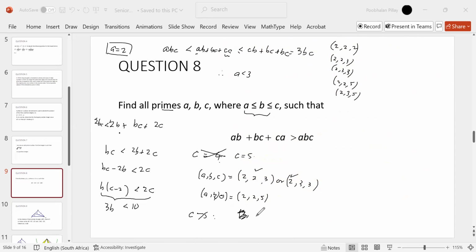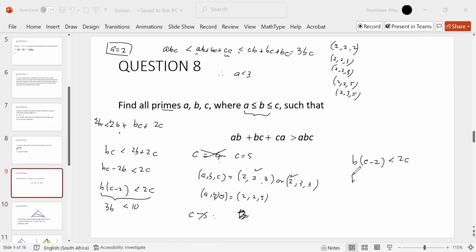Then you have this kind of a thing here. You see this B into C minus 2, this is the hard part. B into C minus 2 is less than 2C.